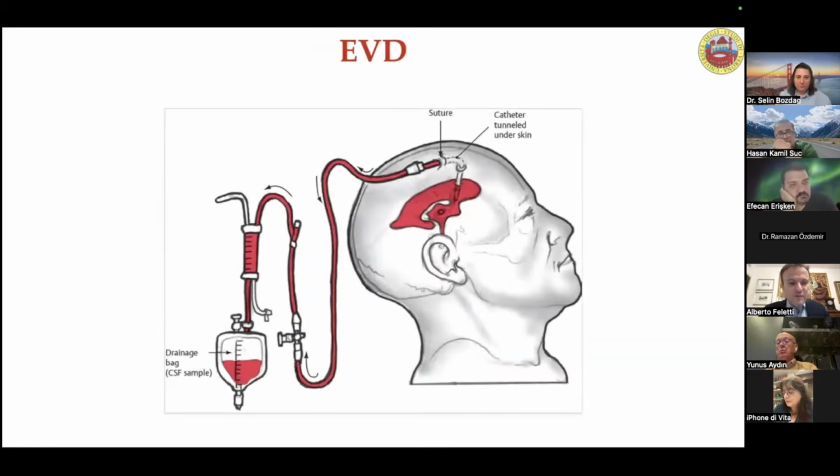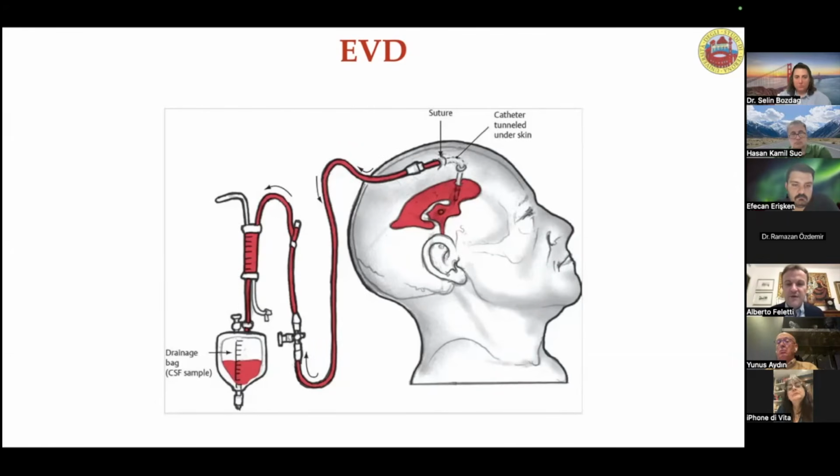And also, I want to point out that at the end of my surgeries, I always leave an EVD in the ventricle because these patients are very often in an initially bad neurological condition. So I want to have a safety drainage just in case.